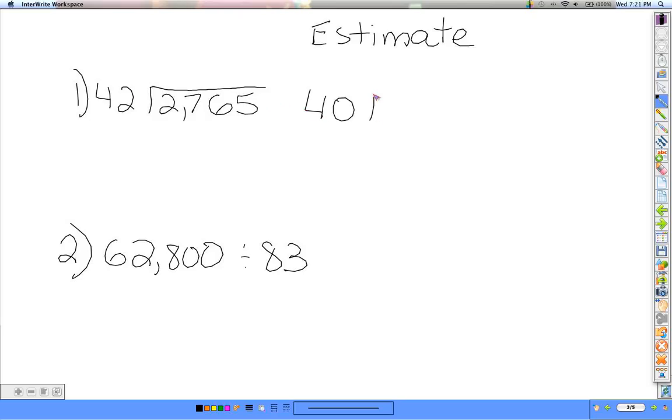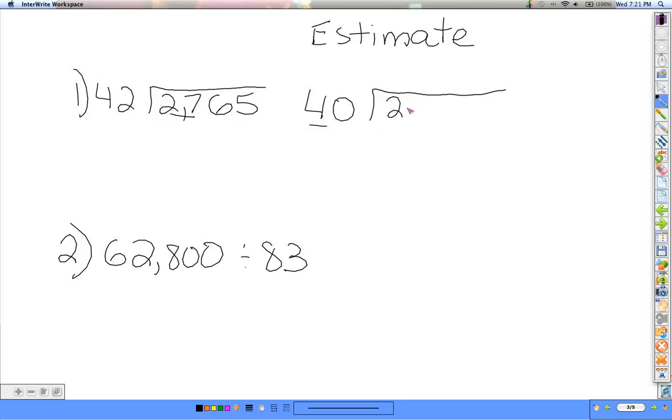Now here's where a lot of students make the mistake. We want to round and we want to be able to do it quickly, so we want to estimate 2,765 to something that's going to be a multiple of 4, because that means 40 is going to go into it evenly. Well, you have a 27 here, so the closest multiple of 4 to 27 is 28.